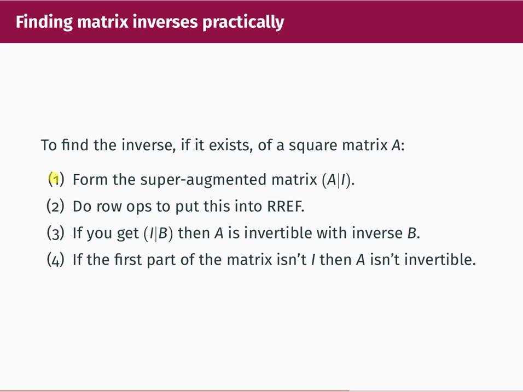Normally an augmented matrix just results from adding one column to the end of A, but in fact we're going to add n columns to the end of an n by n matrix A. That super augmented matrix is obtained by putting the identity matrix next to A. So if A was the 2 by 2 matrix (1, 2; 3, 4), then its super augmented matrix will be (1, 2; 3, 4) followed by the 2 by 2 identity.